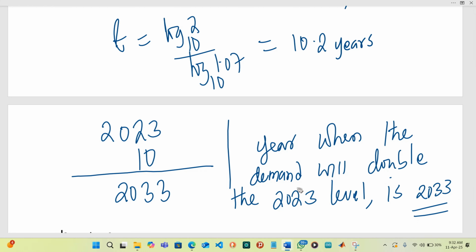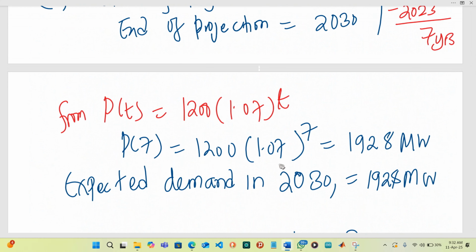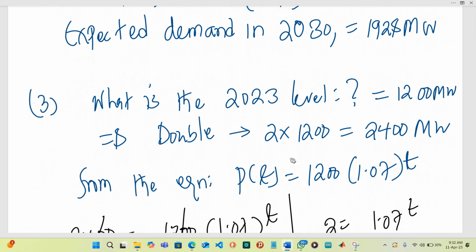So in 2033, the demand of electricity will double the 2023 demand. The 2023 demand was 1,200, and in 2033 we shall have 2,400 megawatts as power consumption demand.